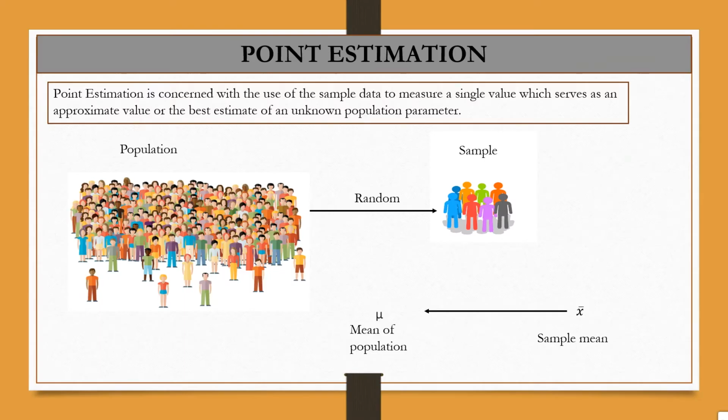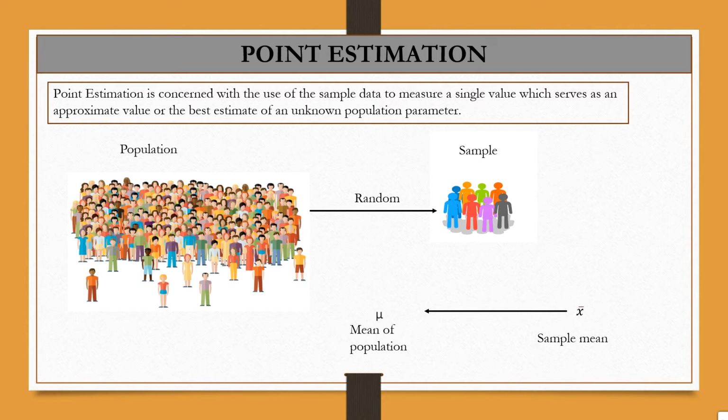Now you must be wondering, what is point estimation? Point estimation is concerned with the use of sample data to measure a single value which serves as an approximate value or the best estimate of an unknown population parameter. That's a little confusing, let me break it down for you.